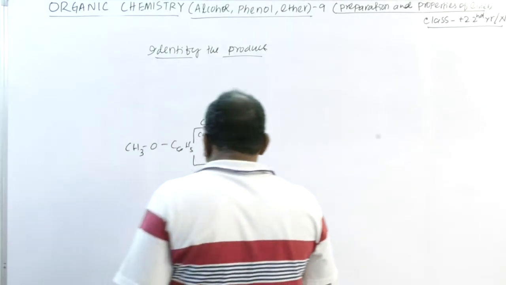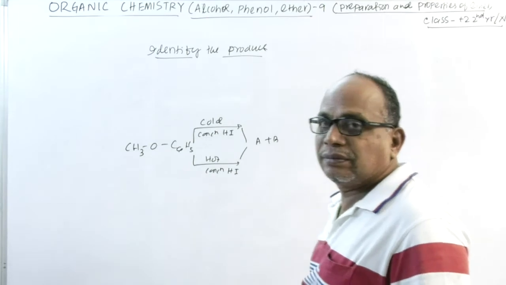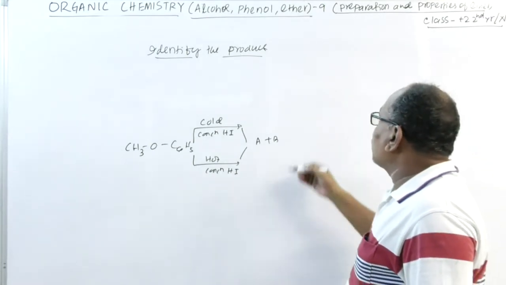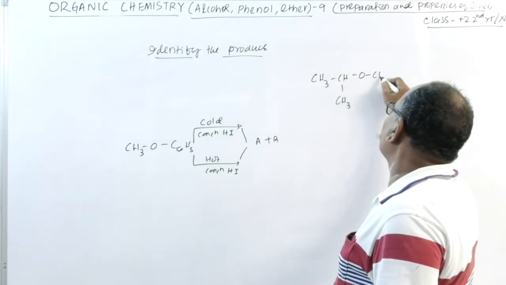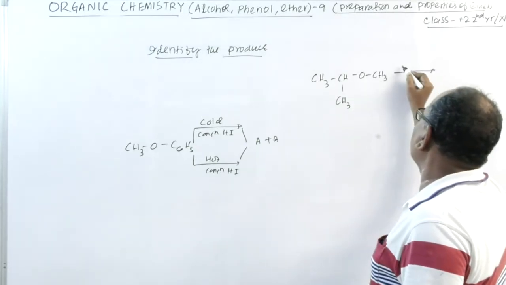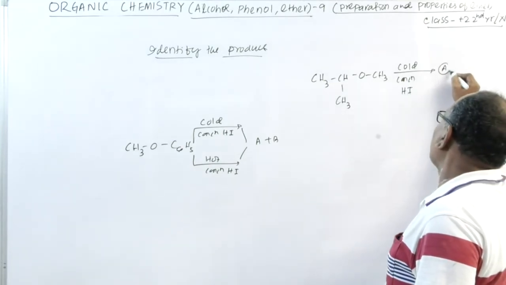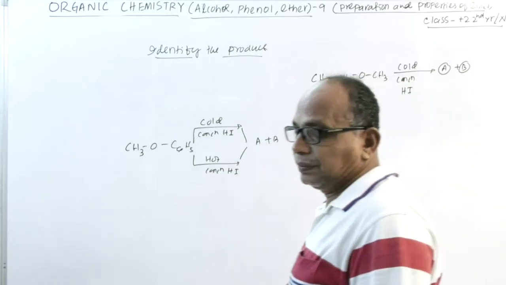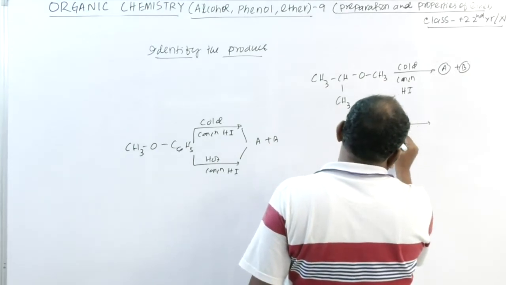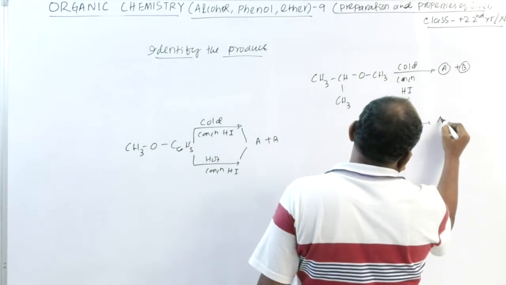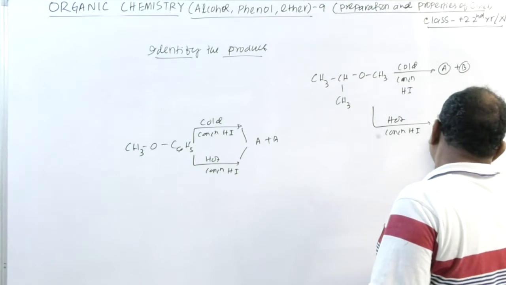It gives the same products A plus B. Another question: CH3CHCH3OCH3 is given to you. Suppose you heat it with cold concentrated HI, it gives A plus B. Suppose this one is also treated with hot concentrated HI, it gives C plus D.